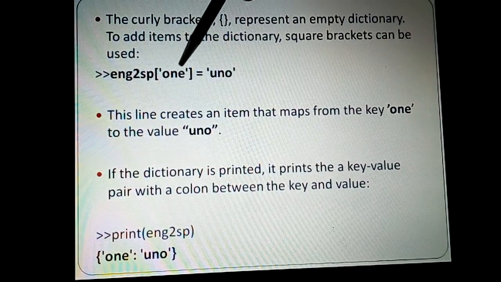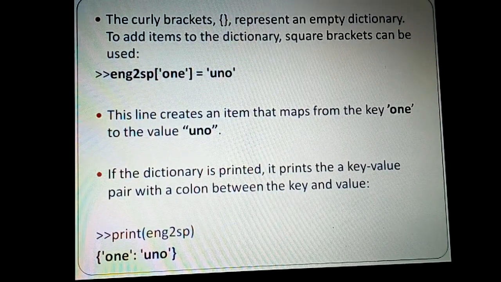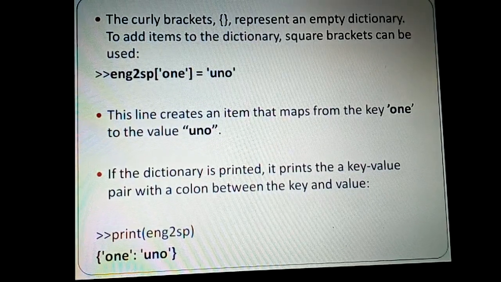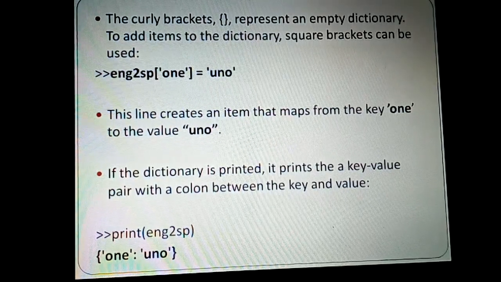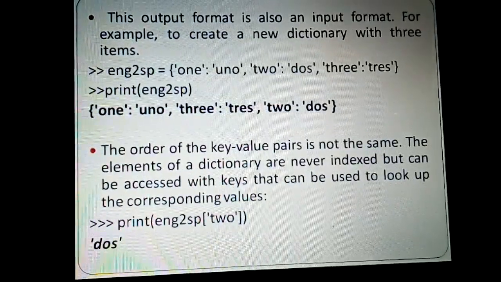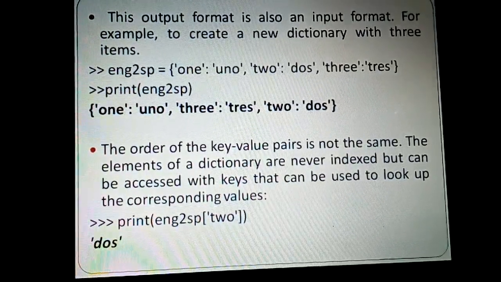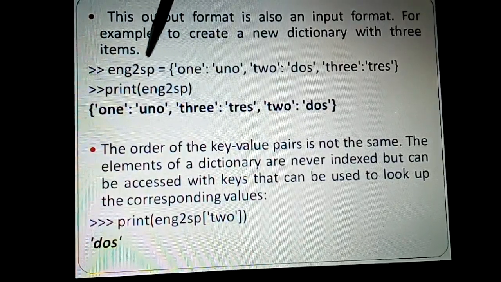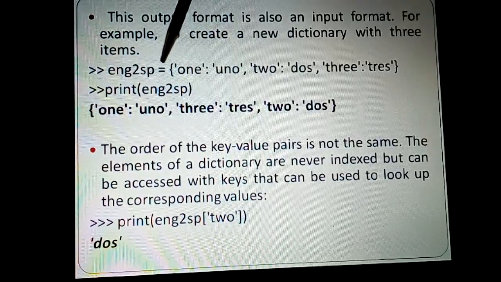So 1 represents the key and the other represents the value. This is how you can create a dictionary using a key value pair, separated by a colon. Of course, we'll be going through this again in the subsequent sessions. For the time being, just go through this example and then we'll close this session.